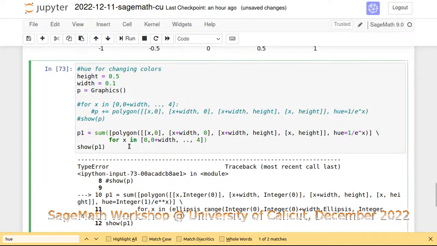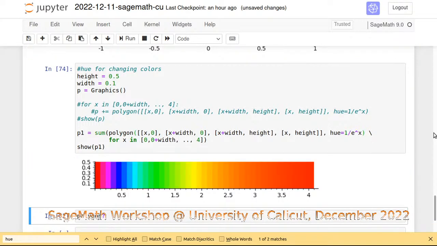Maybe this is not required as a list. Okay, let us just try to remove this. Probably this is not required. Sum of all polygons. Sorry, not here. That's it. Okay.